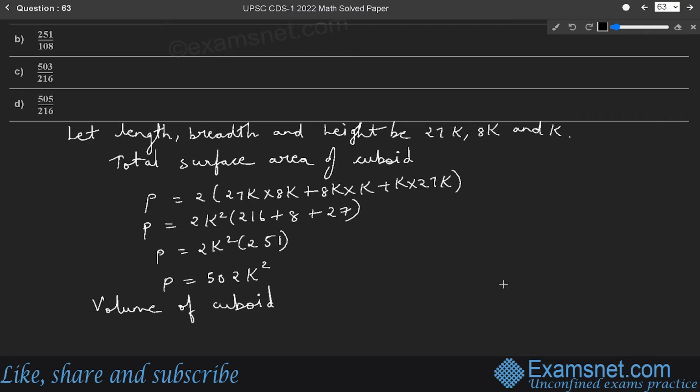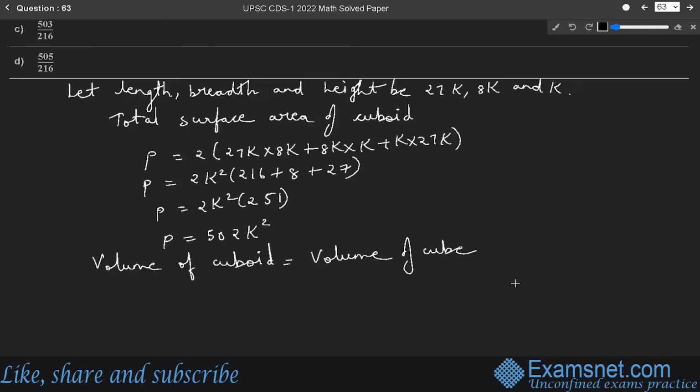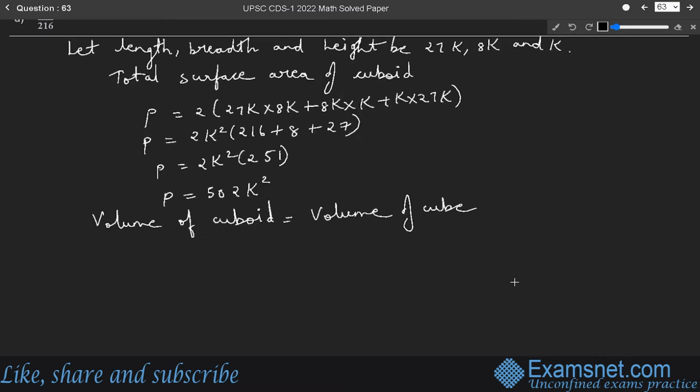See, since the cuboid is melted and recast into a cube, it means that volume of cuboid will be equal to volume of cube. Can you tell me what is the formula for volume of cuboid and volume of cube? Volume of cuboid is length into breadth into height.